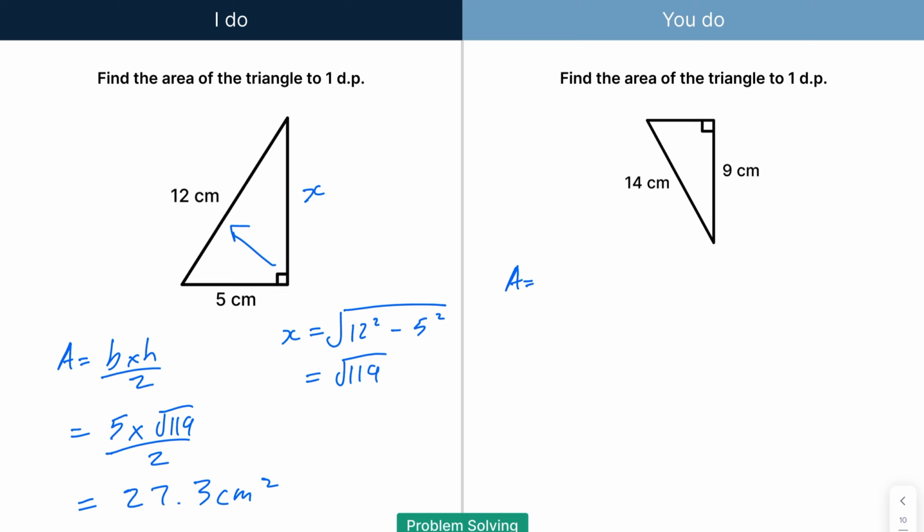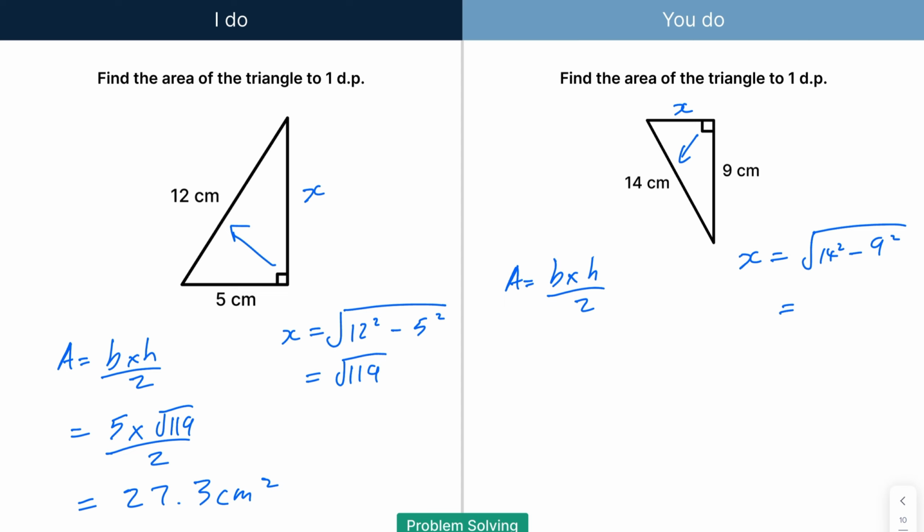Hopefully you've pressed pause and had a go at the example on the right. Again, to find the area of a triangle, it's base times the vertical height divided by 2. This time we do have the vertical height, but what you don't have is the base, or the width, whatever you want to call it. We can just call the missing side x again. And x is one of the shorter sides because the longer side is opposite the right angle. So if you use Pythagoras, because it's one of the shorter sides, we're going to subtract. It'll be the big number take away the small number.